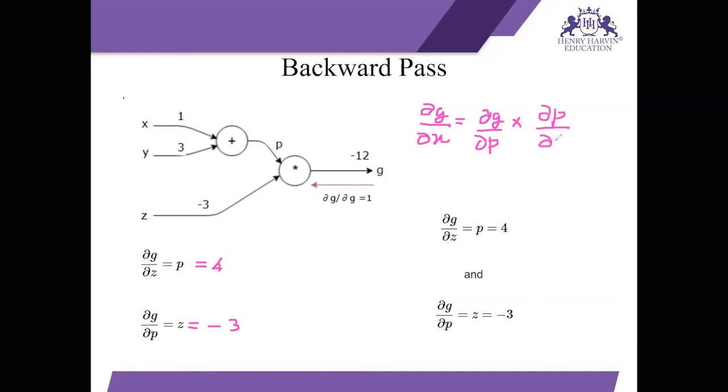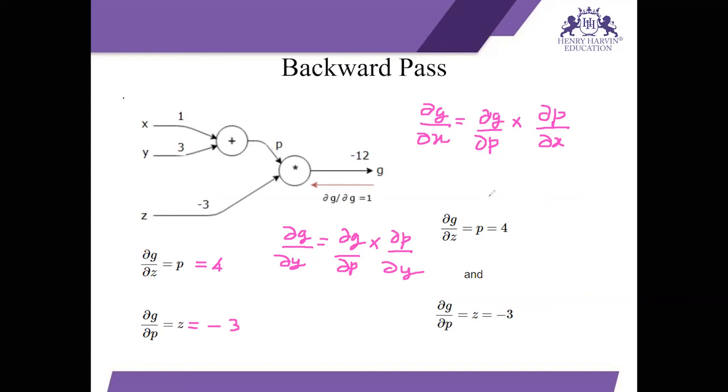Similarly, if I try to get dou G by dou Y, I can write it as dou G by dou P into dou P by dou Y. So just substitute the answers over here. Dou G by dou P is nothing but minus 3. And what is dou P by dou X?